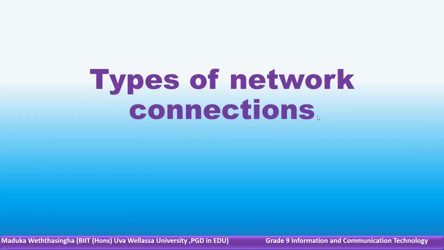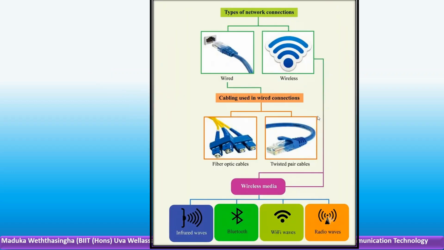Next, we are going to learn about types of network connections. When we discuss about the types of network connections, it's two types, wired and wireless. Network connections are mainly two types, wired and wireless.